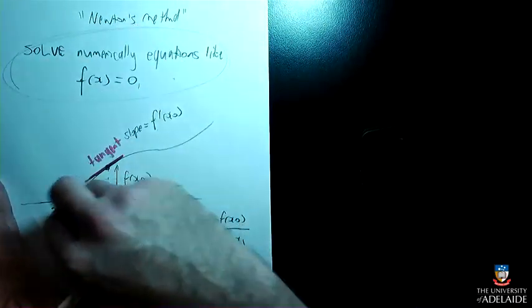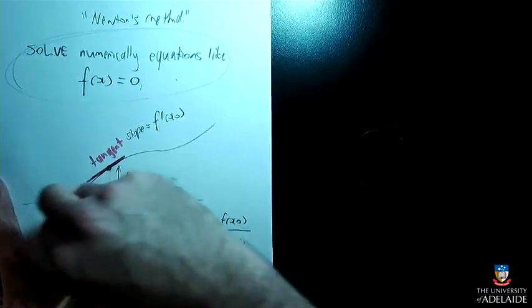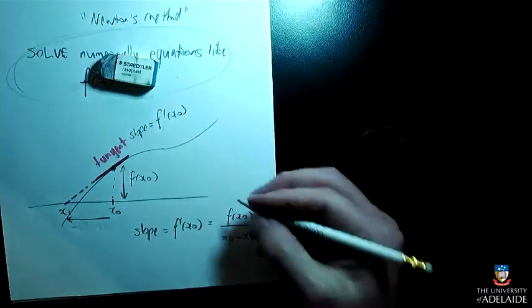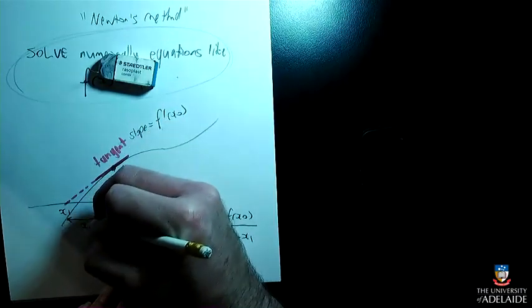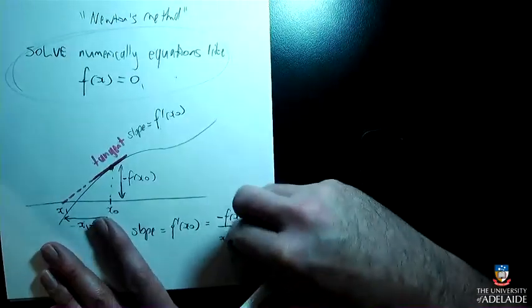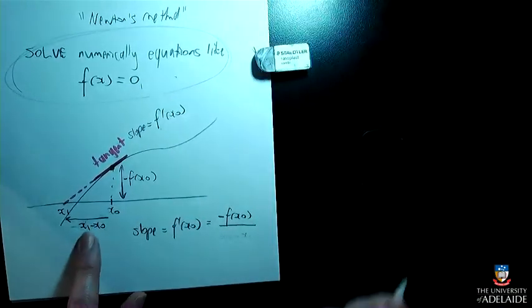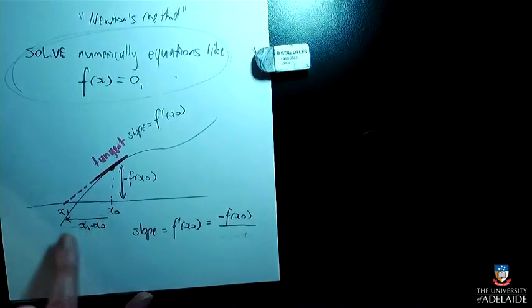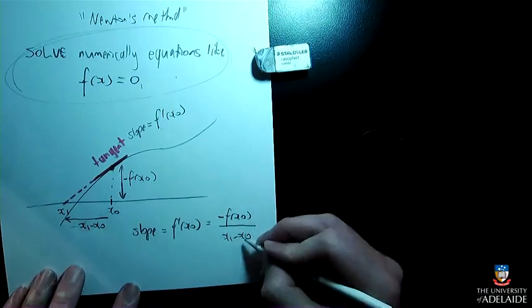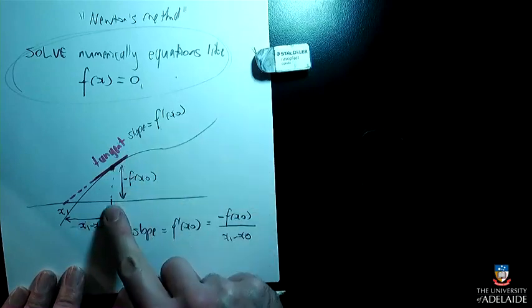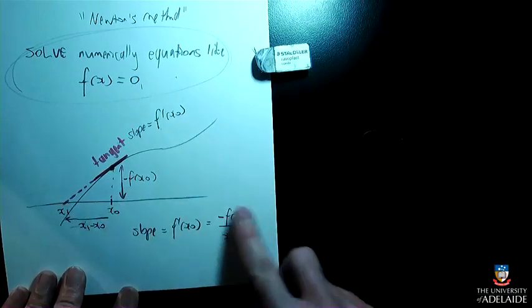It's x1 minus x0. I'm doing something bad. This is down. Right, sorry about that. The x1 minus x0 has to be this way so that I've taken a big number off a small number, and so the answer is negative. Okay, I've gone down f of x0 and across back this much, and so that's the slope.